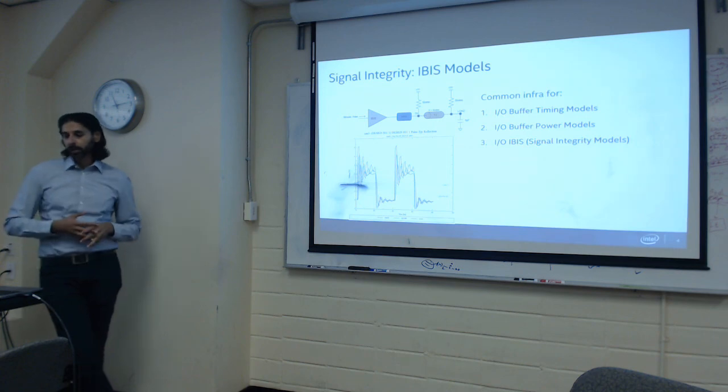So for that, there's an industry standard spec called IBIS, I/O Buffer Information Spec. It's an industry standard spec that all silicon vendors provide for their IBIS. And so my group also develops these models for Intel FPGAs.